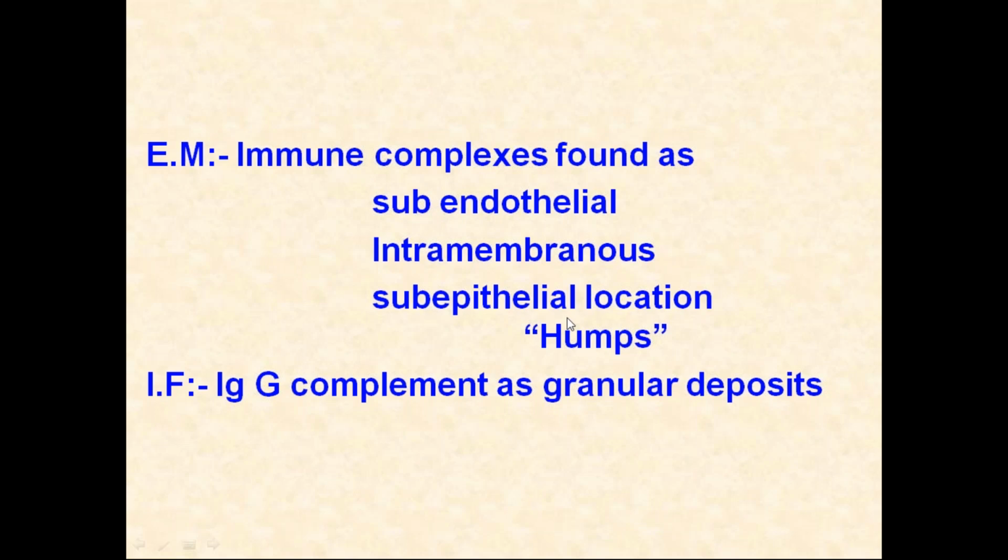So on electron microscopy you have immune complex deposition. The immune complex can be deposited subendothelially, or subepithelially in the form of humps, or along the basement membrane, that is intramembranous deposit.